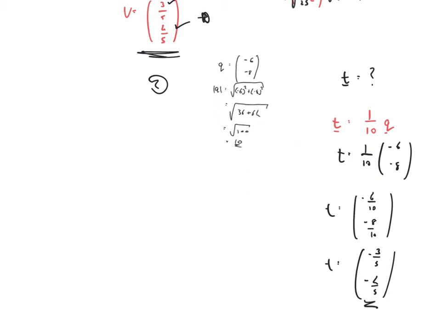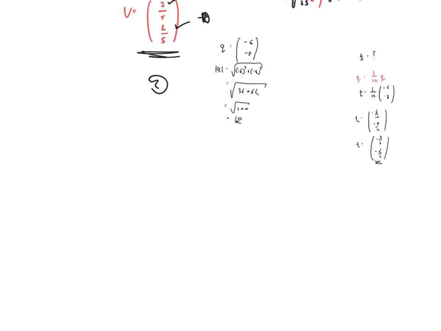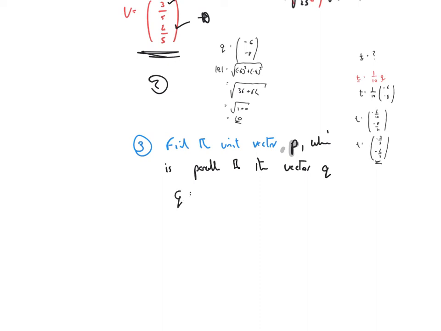Let's try an example 3. Okay, so example 3, let's go for this one. Okay, we're going to find the unit vector P, which is parallel to the vector Q, and here's the components for Q then.